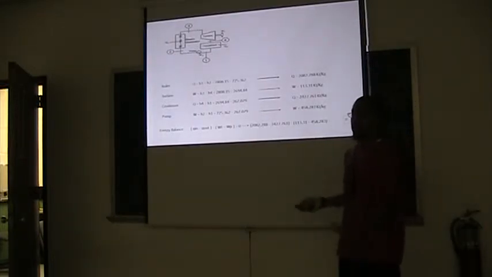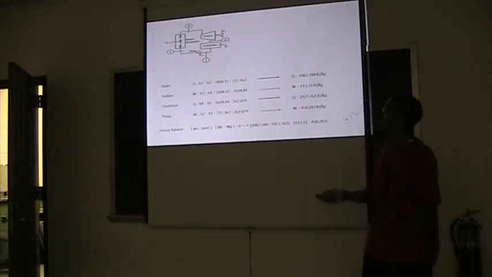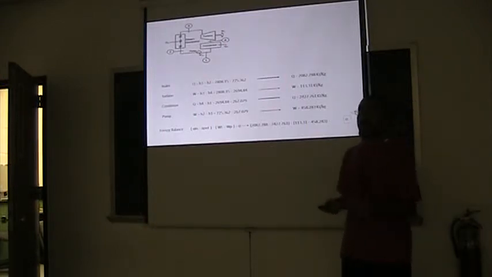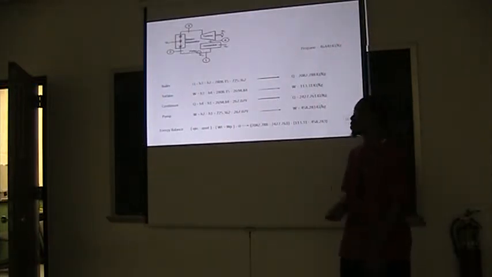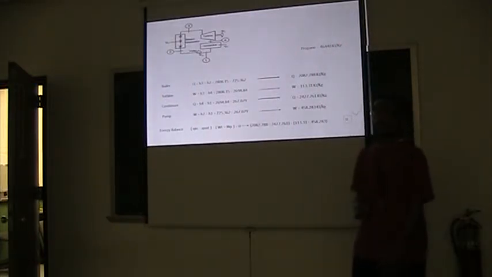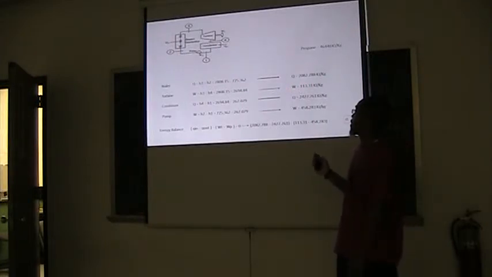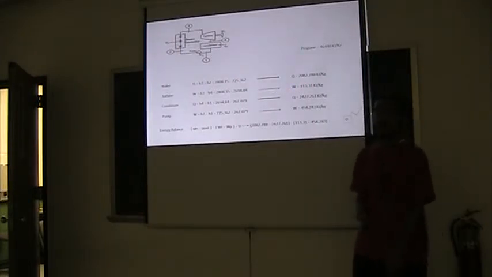Another thing to note is that the heat that's going through the boiler, you can compare that to the energy that's provided from the fuel source. So we know the fuel flow rate, and we know the energy density of the fuel, and you get this value right here. And what you notice is that this value is much greater than the heat value through the boiler, and that could be attributed to a lot of different things.